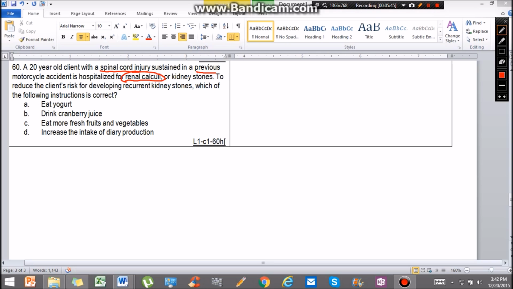Now, the issue here is you want to reduce the risk of developing kidney stones. Kidney stones have a higher chance of occurring in an alkaline environment, which means you need to acidify the urine so that kidney stones are prevented. Going back to the options, Boston is the answer because this is the only one that will acidify the urine.